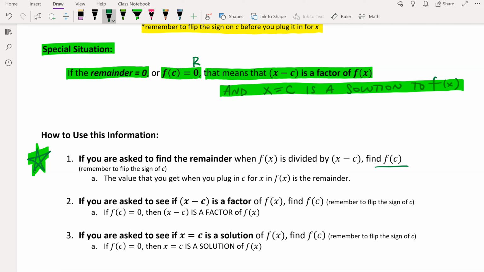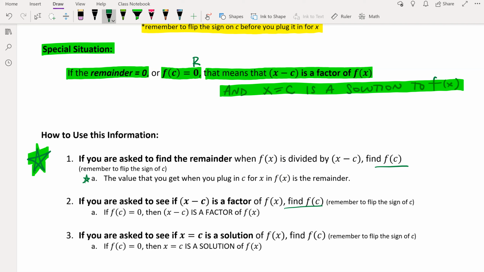The value that you get when you plug in c for x in f of x is the remainder. Cool. Second, if you're asked to see if x minus c is a factor of f of x, first find f of c.